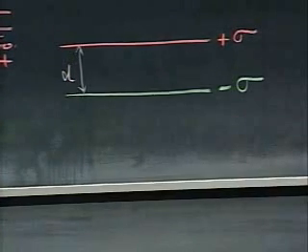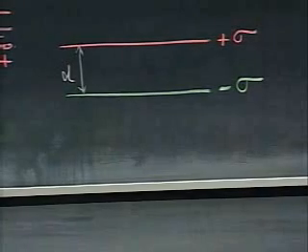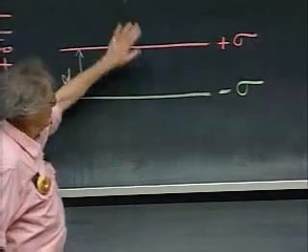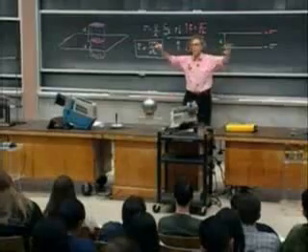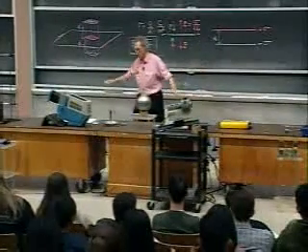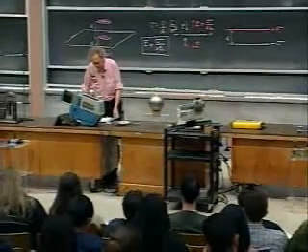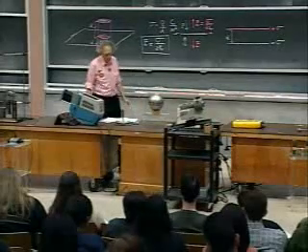And the question now is, what is the electric field anywhere in space? Here, here, and here. And we'll think of them as being infinitely large, each plate. And I now use the superposition principle.